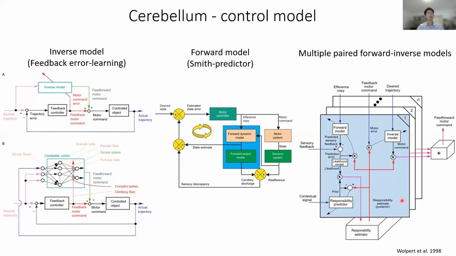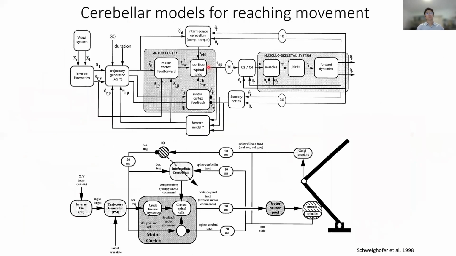This is a review paper which covers all these aspects. Okay, so there's another more detailed model. This is a simulation for reaching movement, but I will not go into detail of it. We see that it also takes into account many brain structures.